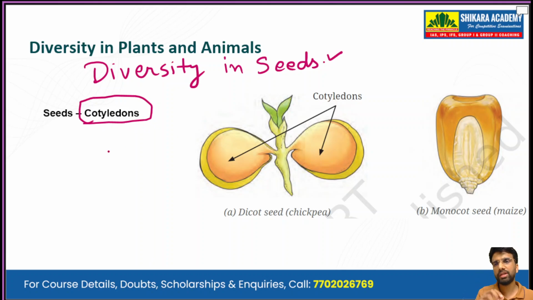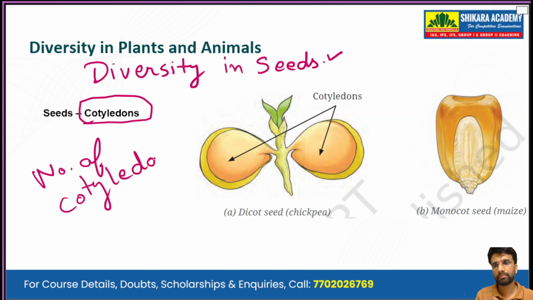So, based on the number of cotyledons, plants can be divided as dicot or monocot. In chickpea seeds, the seed splits in two parts.